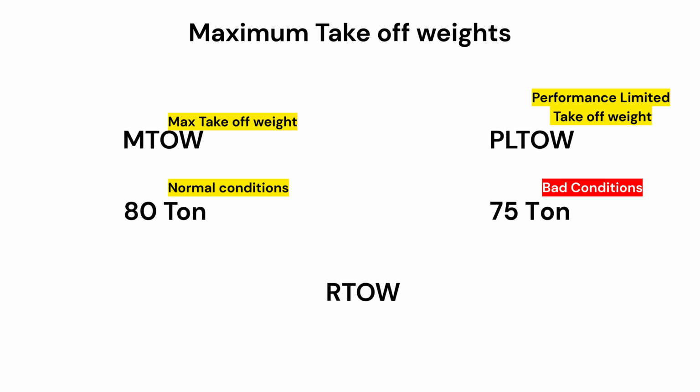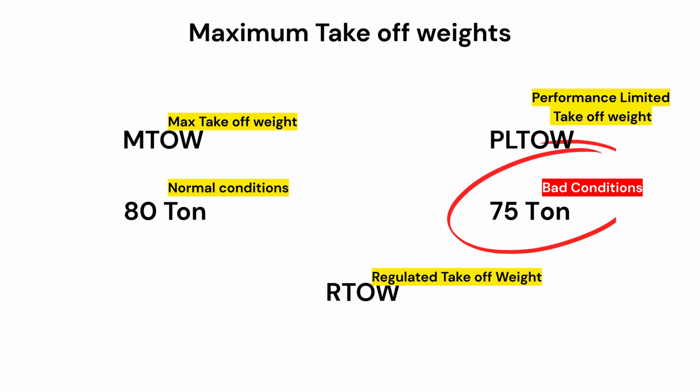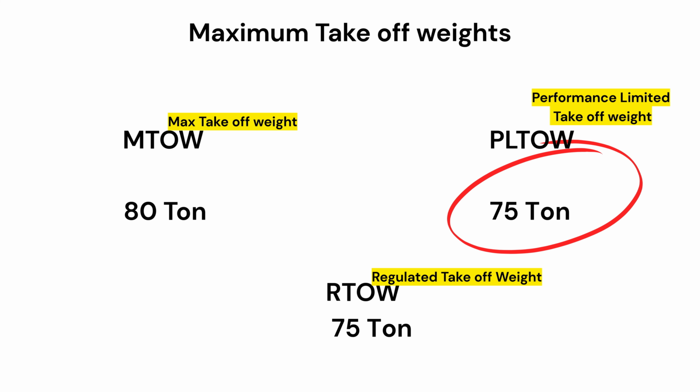So what is RTOW? It's regulated takeoff weight. It's basically the lowest of MTOW and PLTOW. If PLTOW is lowest, then use PLTOW as RTOW. In our example, since 75 tons is less than 80 tons, your RTOW would be 75 tons.